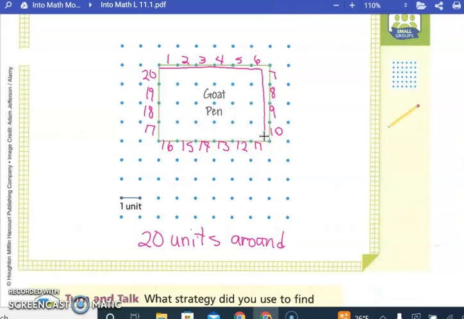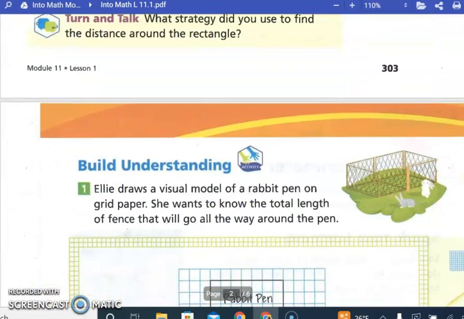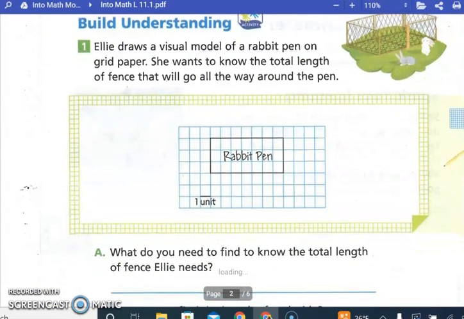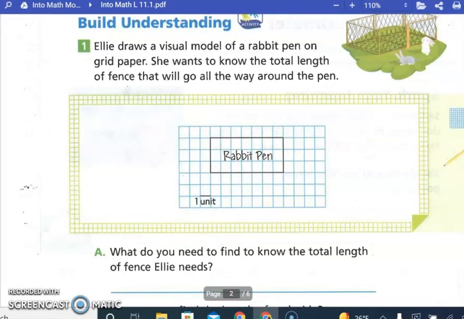All right, go to build your understanding on page 304. Ellie draws a visual model of a rabbit pen on grid paper. She wants to show the total length of fence that will go all the way around the pen. What do you need to find to know the total length of fence Ellie needs? What do we need?